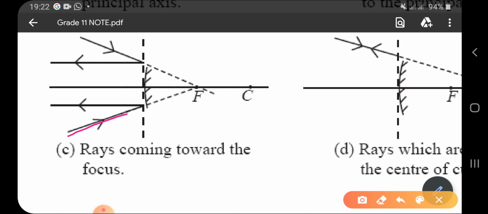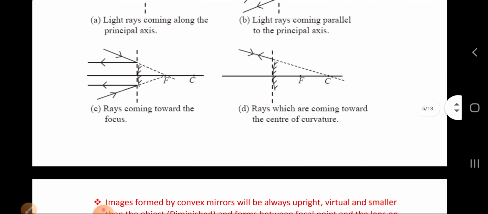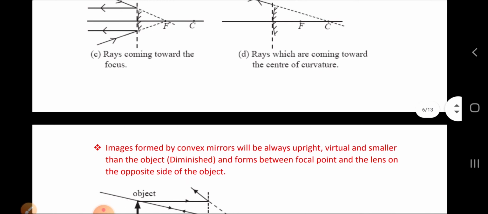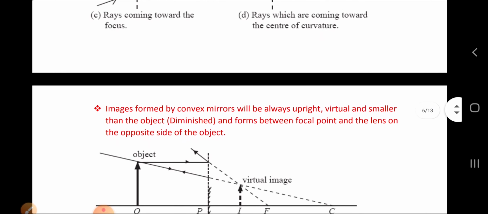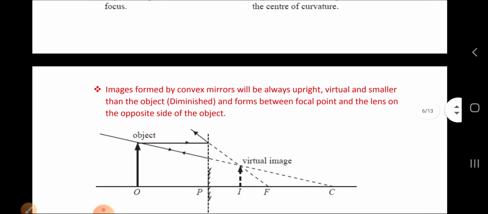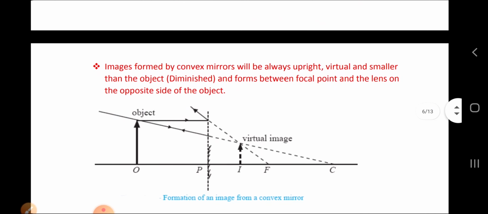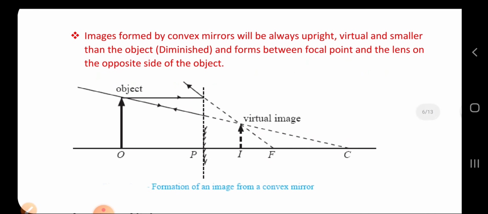So there's a special point. That special point is, though there are different positions, different natures, and different sizes of the images formed in the concave mirror, in a convex mirror you will get only one image, that is a virtual, diminished, and upright image always, and that will not change.